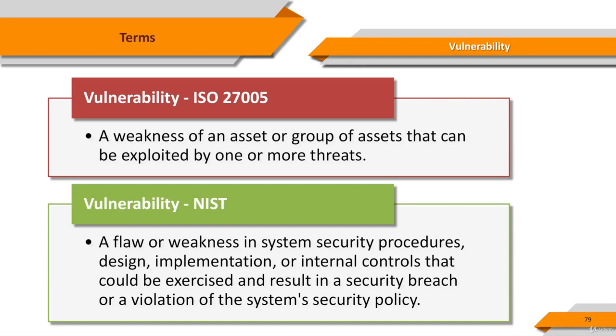The standard provides guidelines for information security risk management, ISRM, in an organization, specifically supporting the requirements of an information security management system defined by ISO 27001. So according to ISO 27005, vulnerability is a weakness of an asset or group of assets that can be exploited by one or more threats.